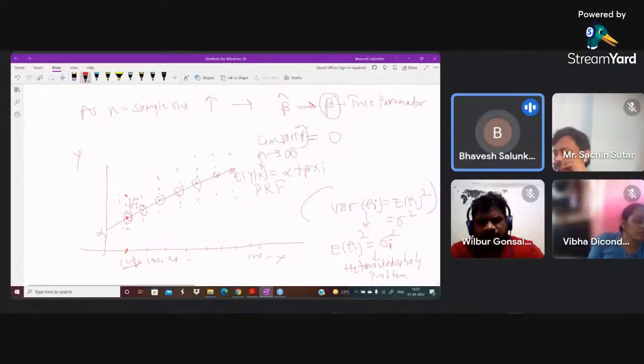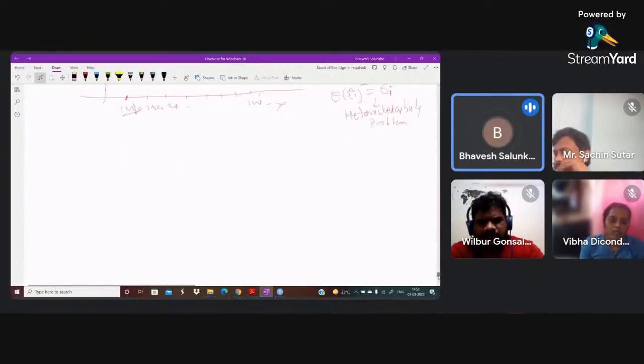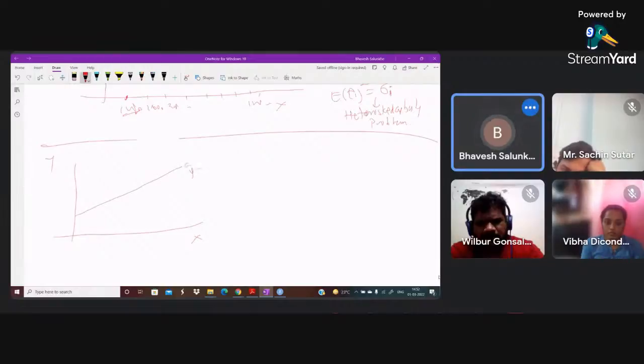Now, what do you mean by the heteroscedasticity problem? Just go to the sample example. This is the X variable, this is the Y variable, and this is your sample regression line, Y hat is equal to alpha hat plus beta hat xi.